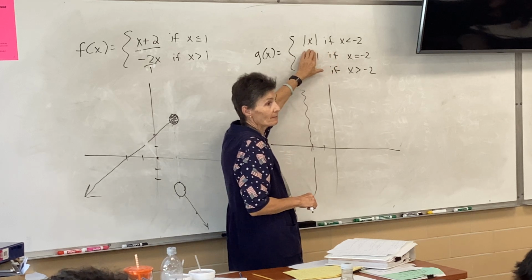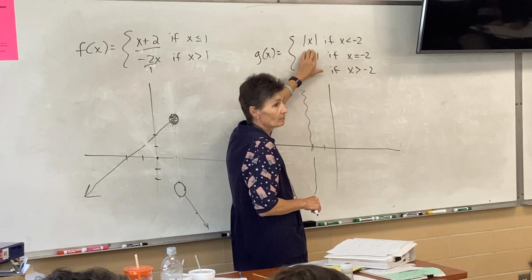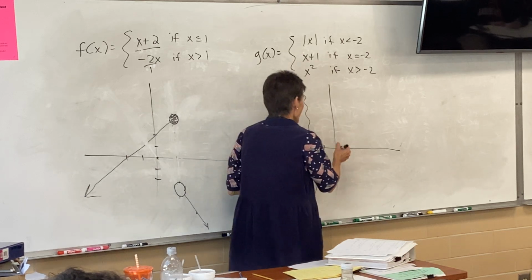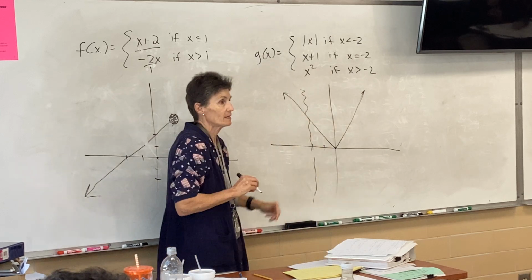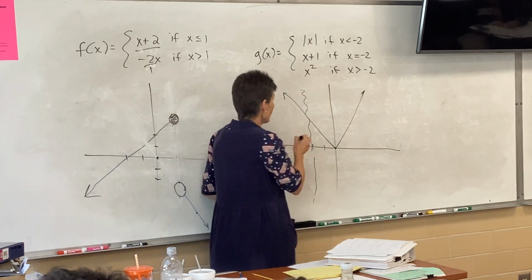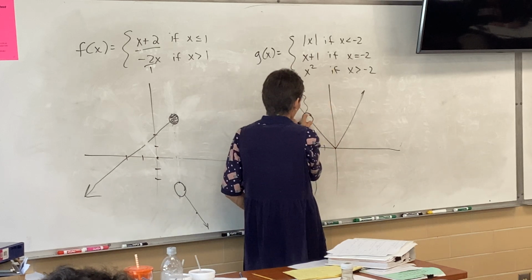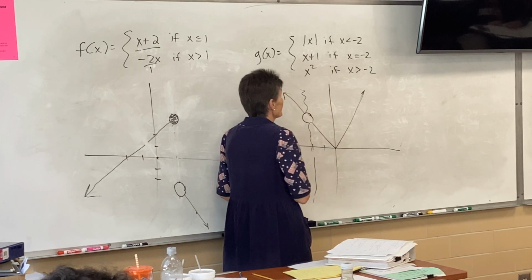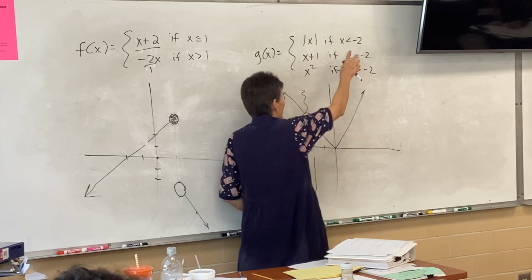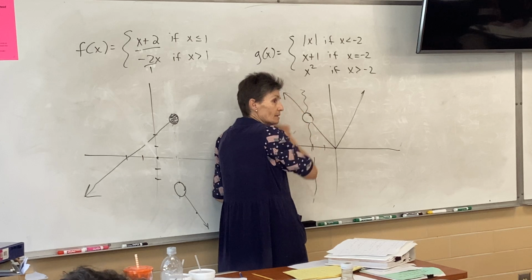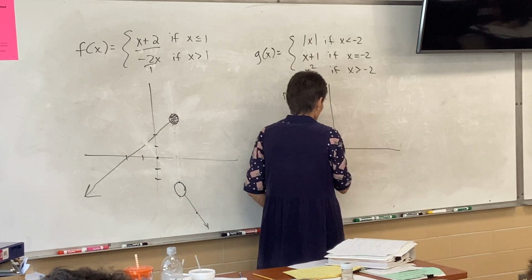What's that look like, Patton? Absolutely. Which is what shape? A V. So I'm not plotting points, I'm drawing a V. It crosses right here in an open dot. And of the two pieces, I need to keep the piece on the left. So this is just gone. Don't need it anymore.